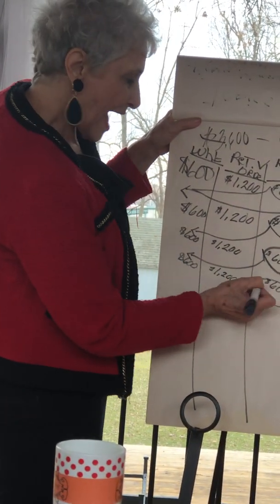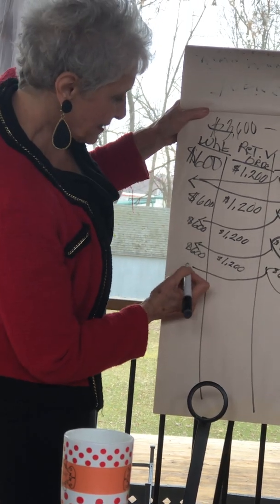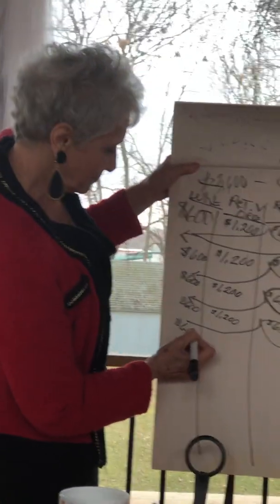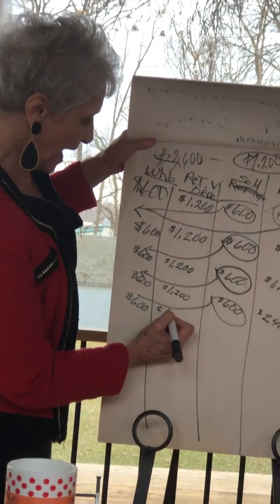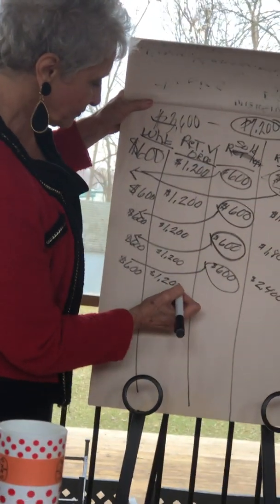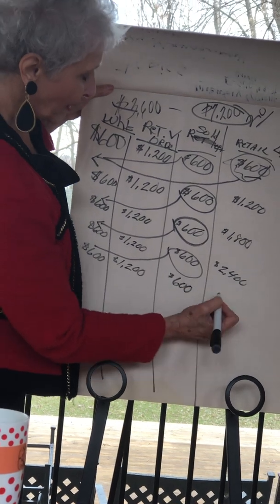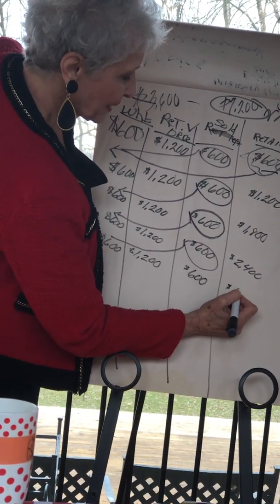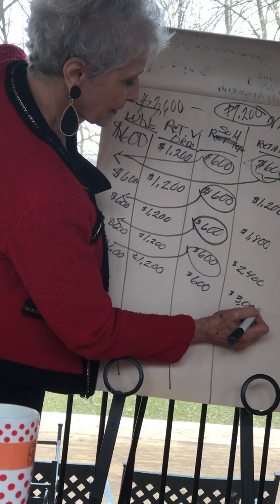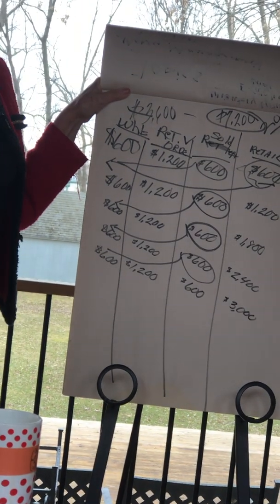And then you take the cash and you do another 600. The retail value of that is 1,200. Sell 600, and you now have $3,000 retail value of product on your shelf.